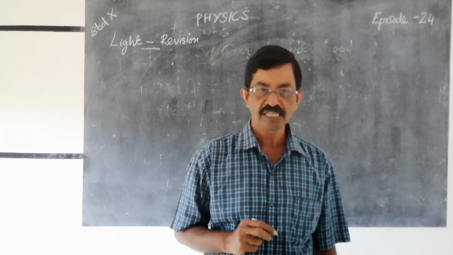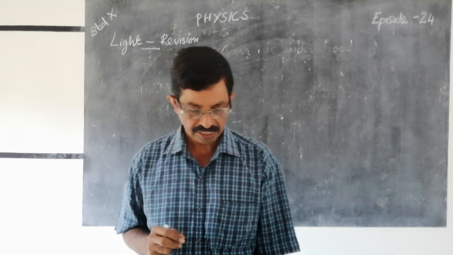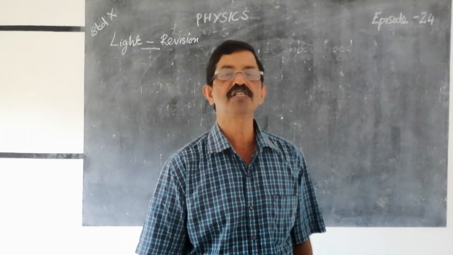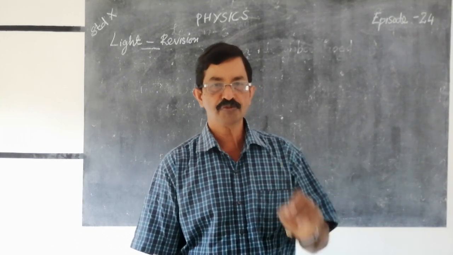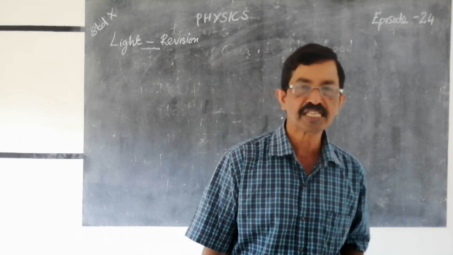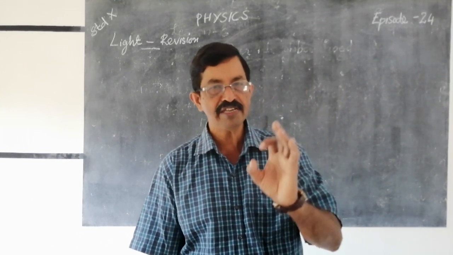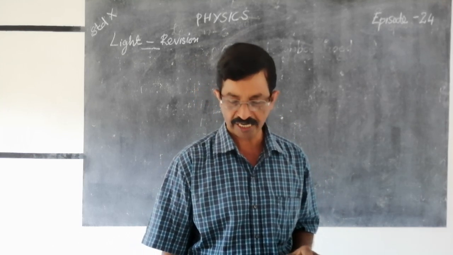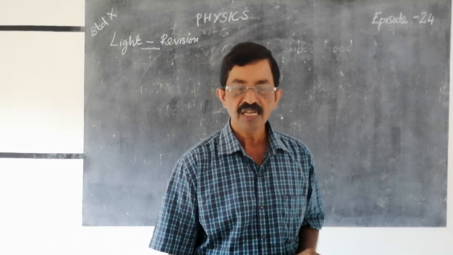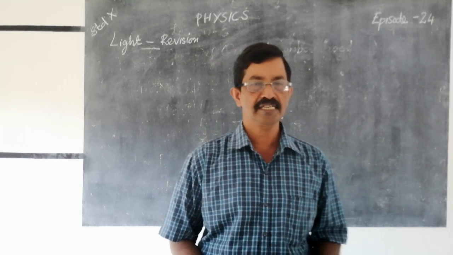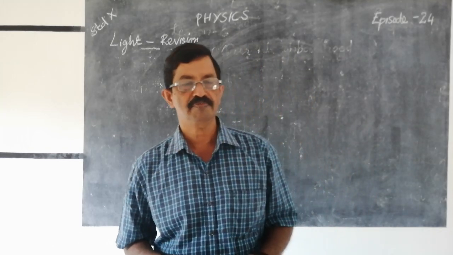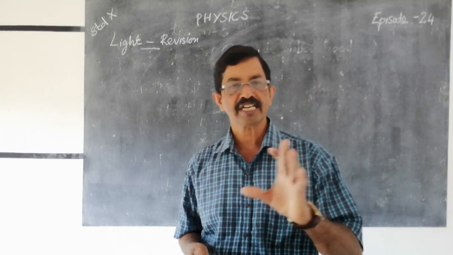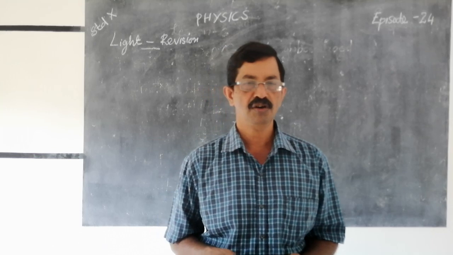So the first question you want to remember from our topic: what makes things visible to us? An object reflects light, and when we receive that light, we can see that object. In our ordinary discussion, we consider the straight line motion of light.